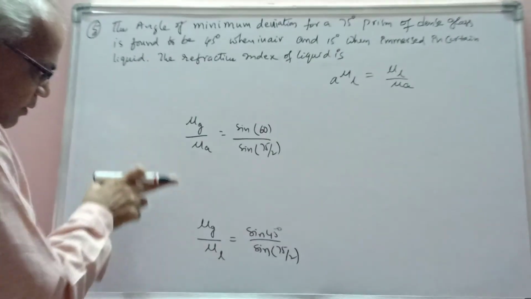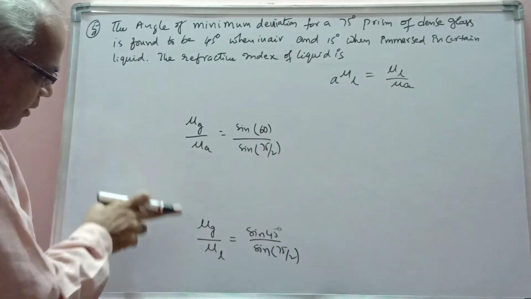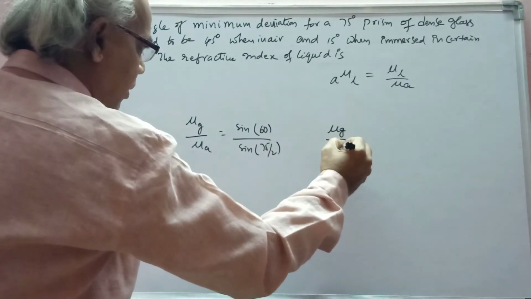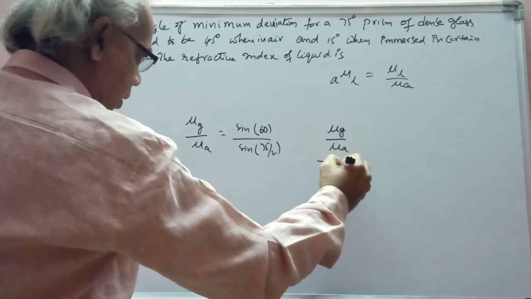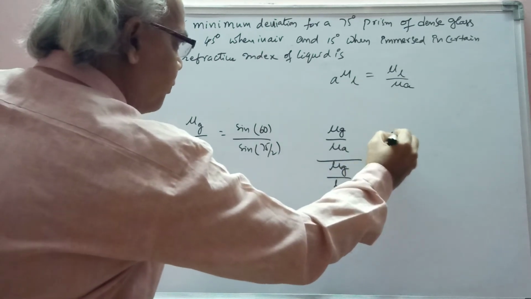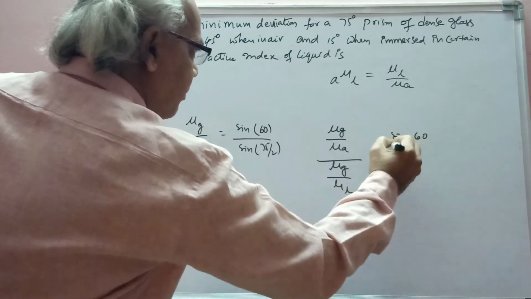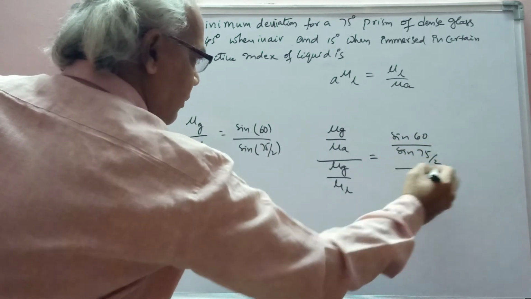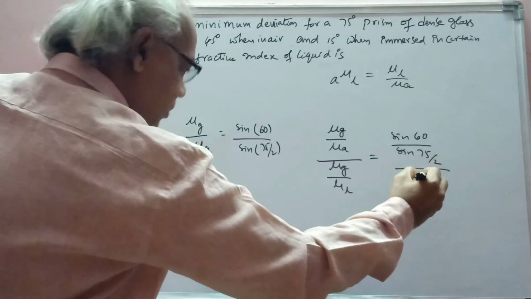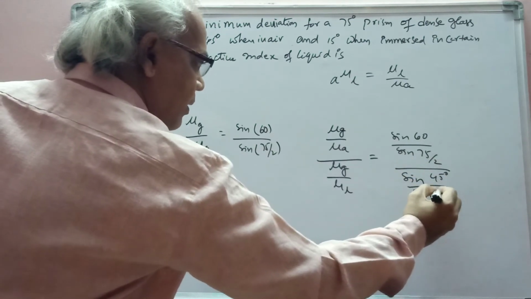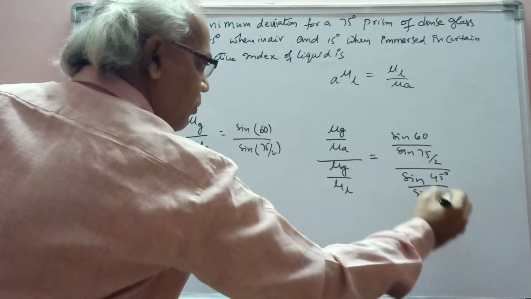Equation 1 by equation 2. So mu G by mu A divided by mu G by mu L is equal to sin 60 by sin 75 by 2 divided by sin 45 degree by sin 75 by 2.